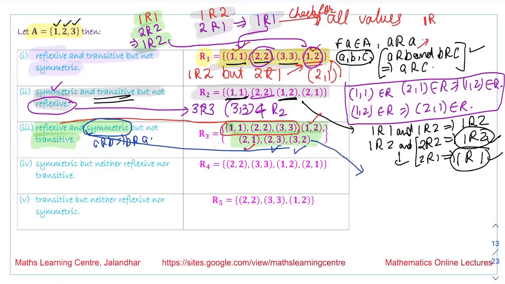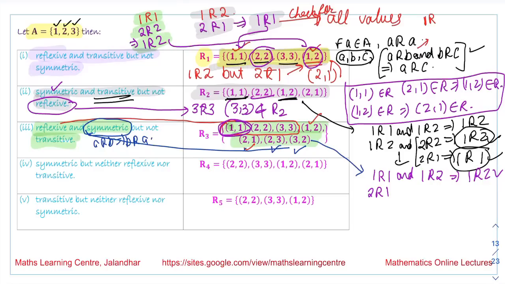To find that element, we start by looking at the first element over here. It is (1,1): 1 is related to 1 and 1 is related to 2. This should imply that 1 is related to 2. This is true. Next we start with the element 2 is related to 1.